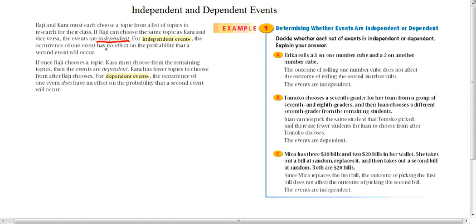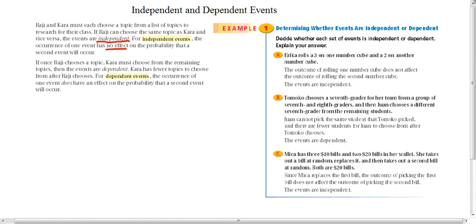So of course, Raja choosing, let's say, a topic on the race for governor, and of course Kara decides she wants to choose that same topic, then it still has no effect on the probability that either one will happen, especially the second occurrence. So we look at that as being totally independent.